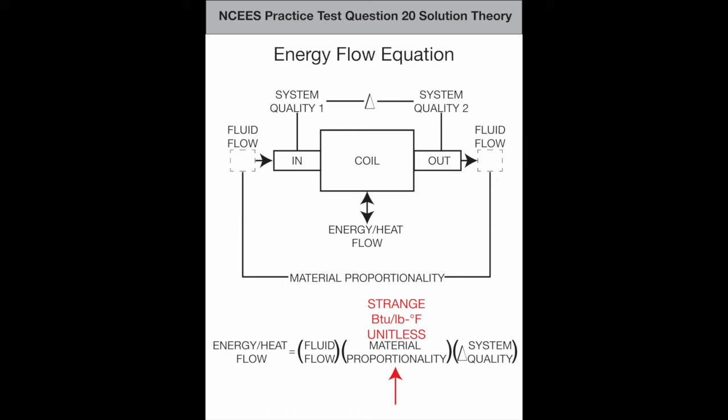Units like BTU per pound degree Fahrenheit or unitless coefficients, which are experimentally derived. And it's often called materials critical something or its specific something, or perhaps a coefficient or factor of something. Change in system quality will be the deltas for things like temperature, pressure, head, enthalpy, or humidity ratio.